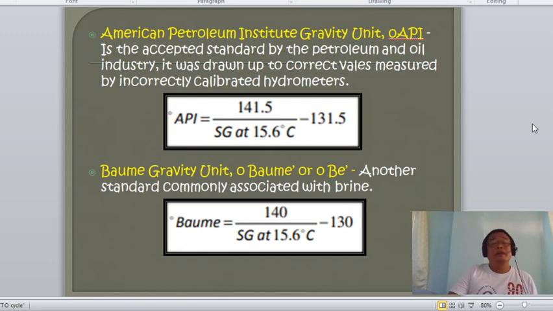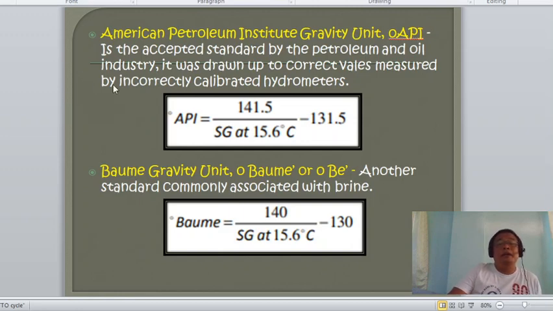Another, we have the relationship of the American Petroleum Institute, the API, and specific gravity. Degrees API was already presented in a previous discussion.